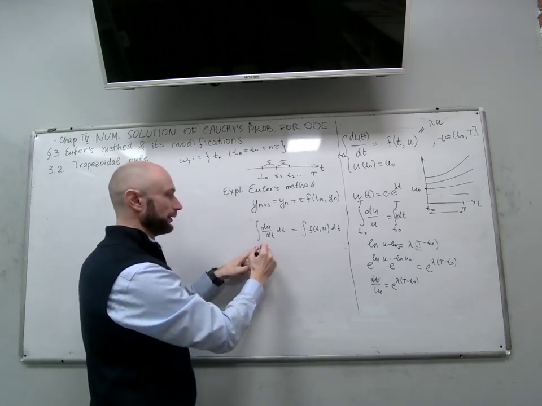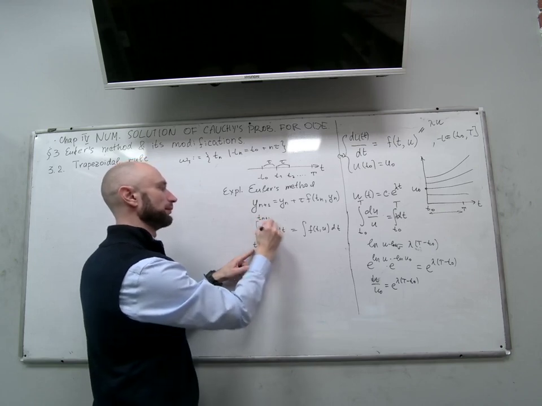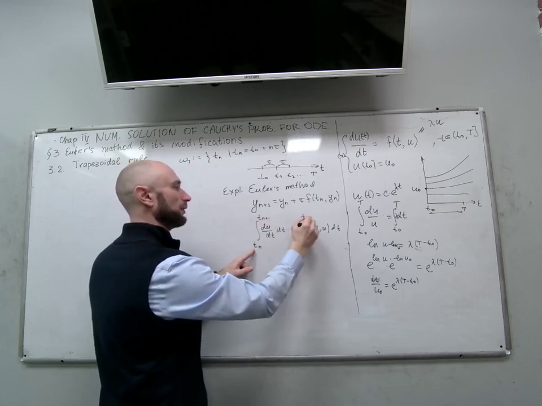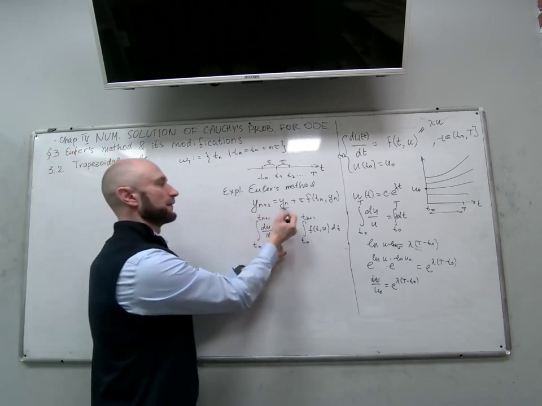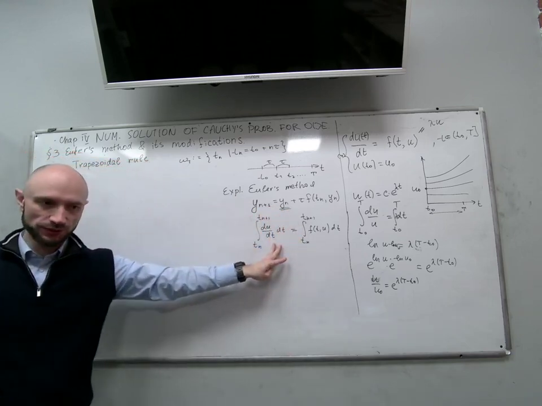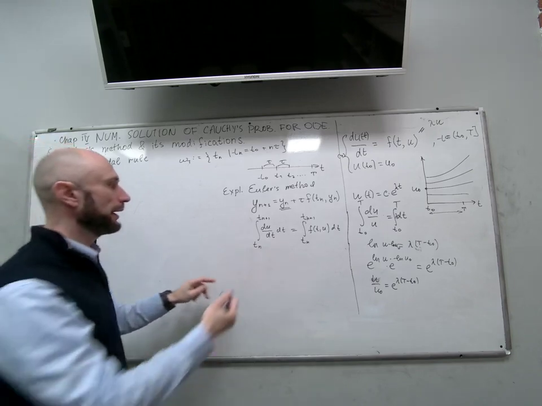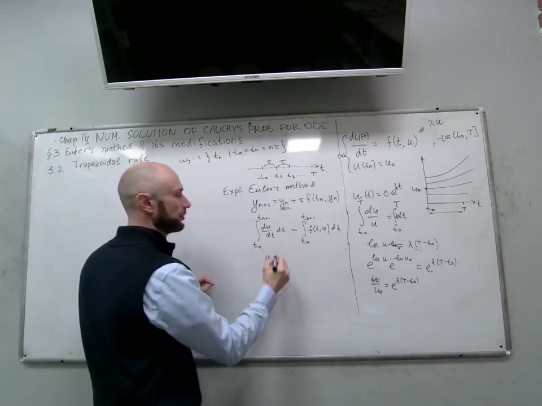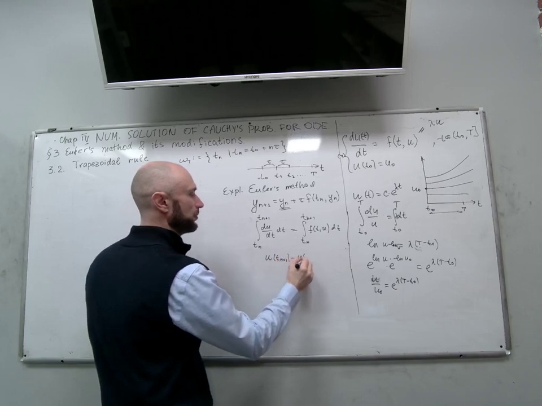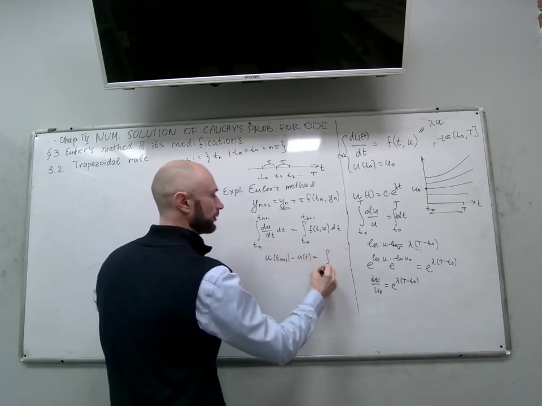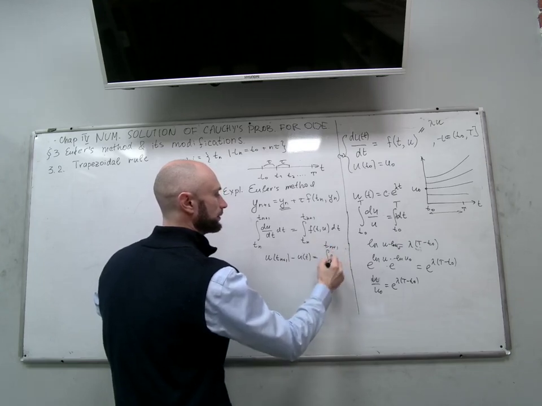We integrate from time tn to tn plus 1, supposing that we already know the approximation to the solution on the previous step, and we want to know the approximation on the next time step. And here we get u of tn plus 1 minus u of tn is equal to this integral. We can do nothing with that because we don't know how f looks.